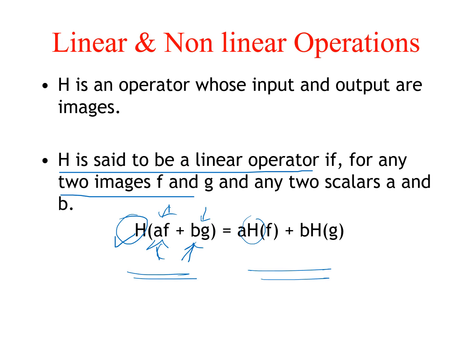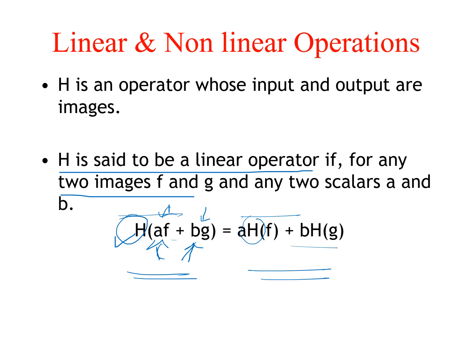Okay, so you can multiply the image matrix by a constant first, then add the two and then apply the operation, or what you will do, first you apply the operation, then multiply by a constant and then add. So both the things will be same, then only we can say that H is a linear operation.